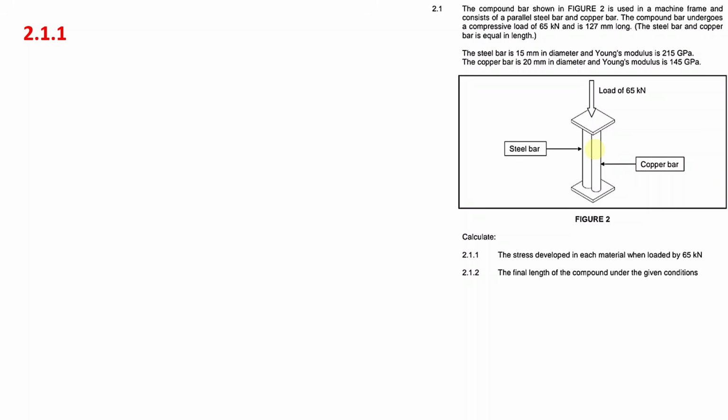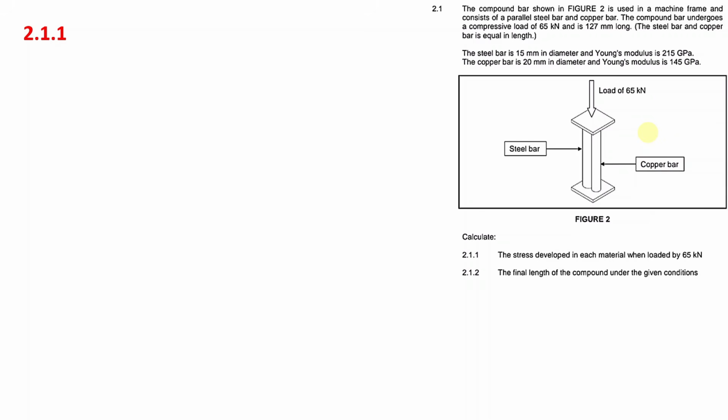So in this case, the steel bar will be carrying a portion of the load, not the whole 65 kilonewtons. It will carry a certain percentage of the 65 kilonewtons, and the copper bar will carry the remaining percentage. But together, they will carry the 65 kilonewtons.